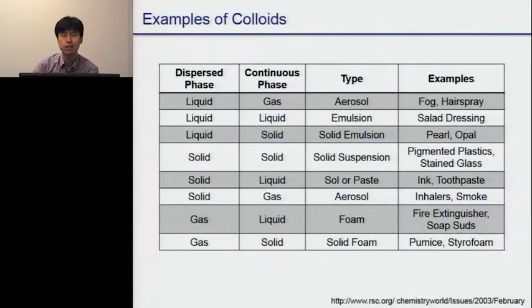So this is an example of a colloid. Fog is an example you can see very easily. So fog is one example of a colloid. In this case, the air is a continuous medium, and the small liquid particles are the dispersed phase.